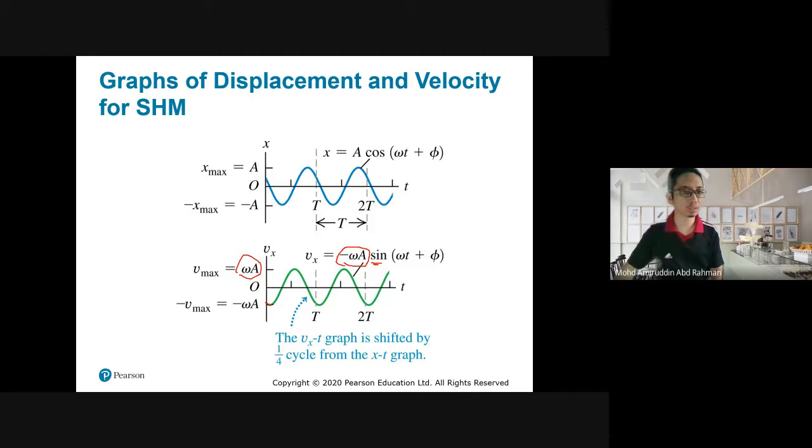That's why we define it as sine. But when it starts at somewhere around 0, we use the cos. So that's the graph.